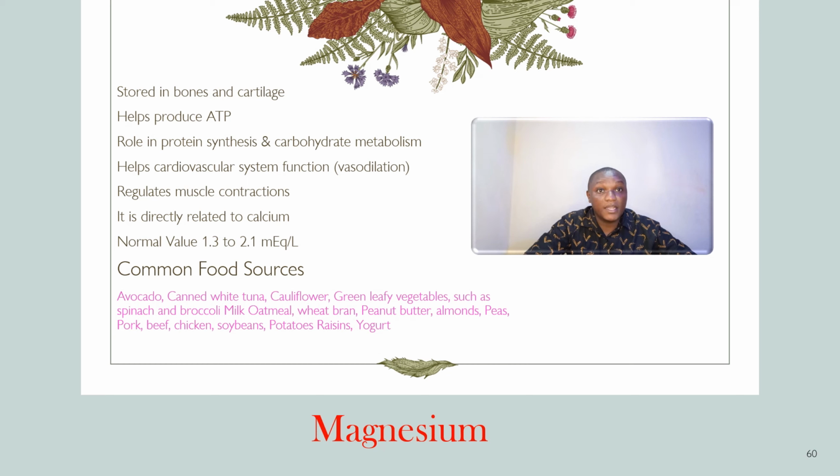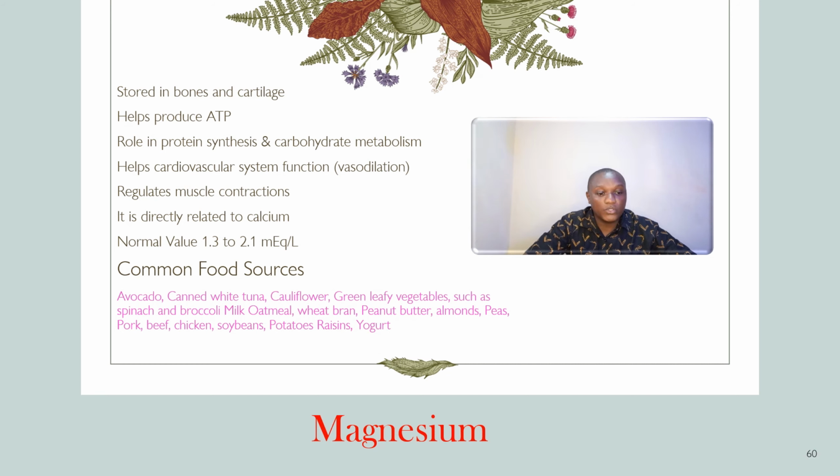It helps in cardiovascular system function during vasodilation, also helps in muscle contraction, and it is directly related to calcium. So when you have magnesium levels below 1.5, that is what you call hypomagnesemia. And above 2.6, it is hyper. A lot of magnesium in the body, hypermagnesemia.